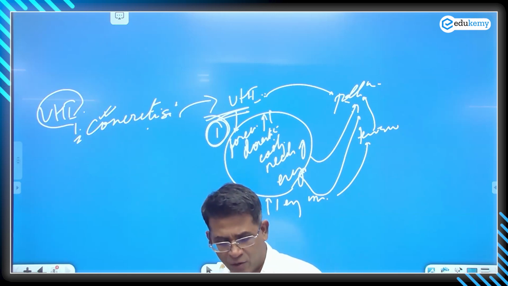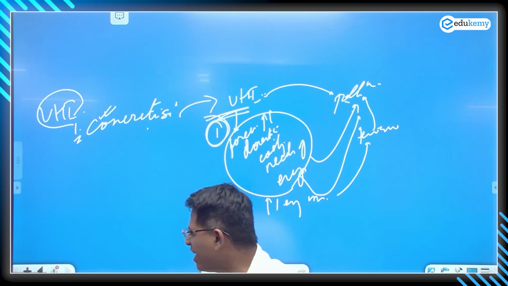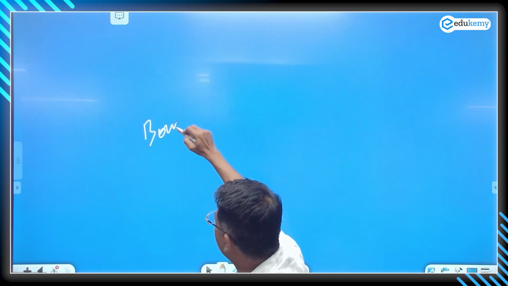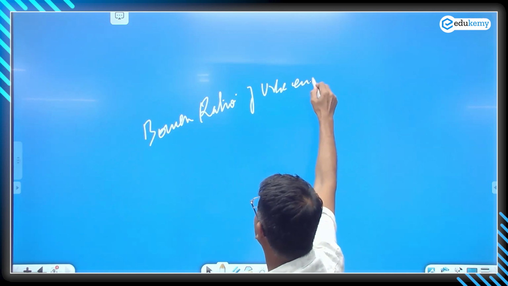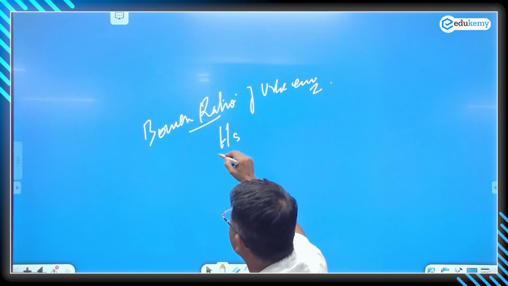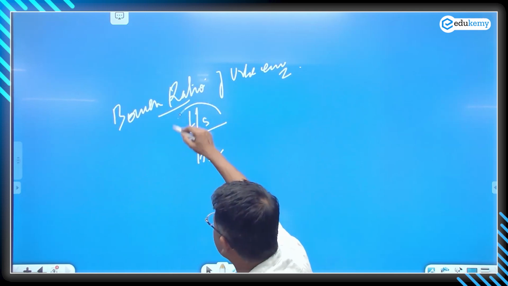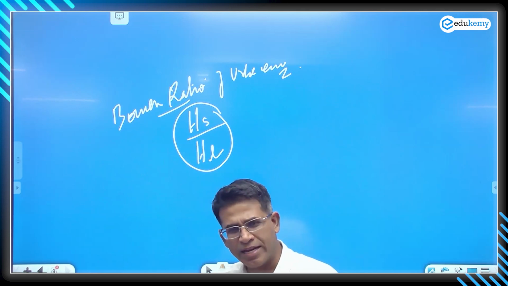Next, urban heat dome, UHI, increases the Bowen ratio of urban environment. ये ratio क्या है? This is the sensible heat exchange divided by the latent heat exchange. What is Bowen ratio? The sensible heat exchange divided by latent heat exchange.